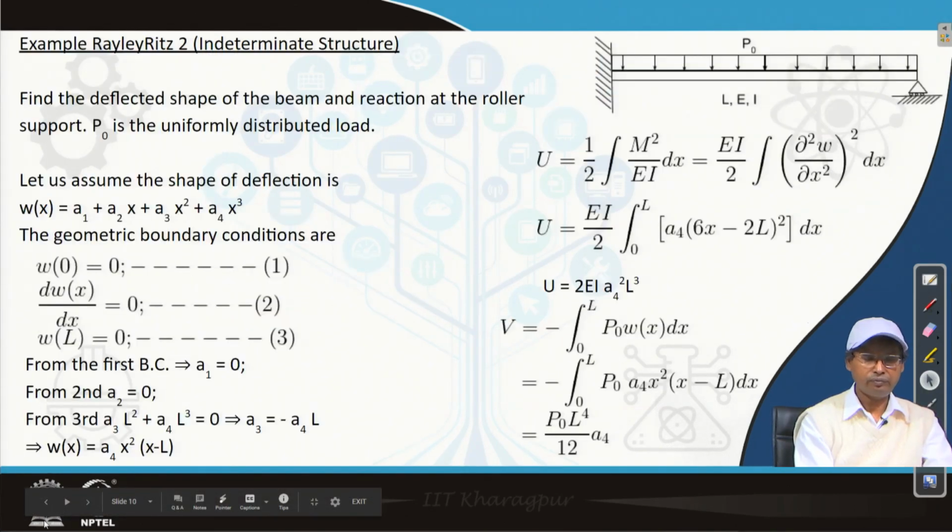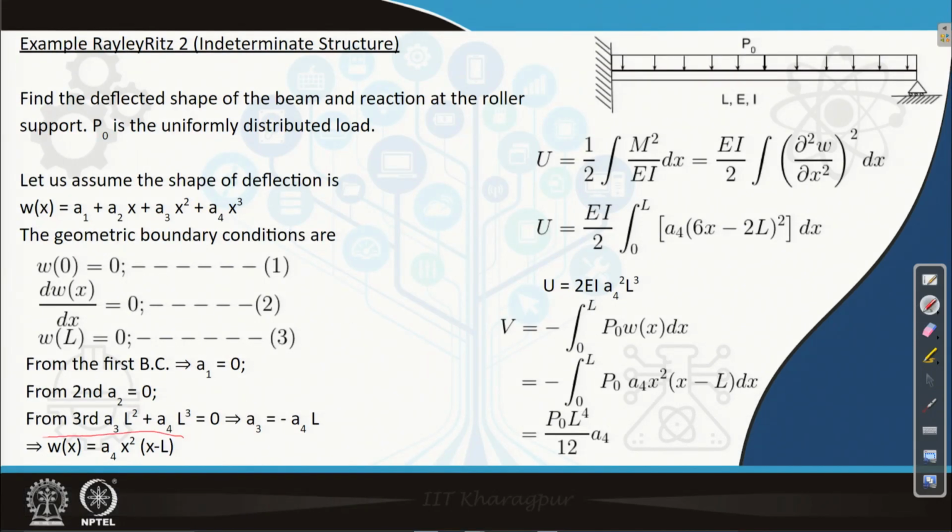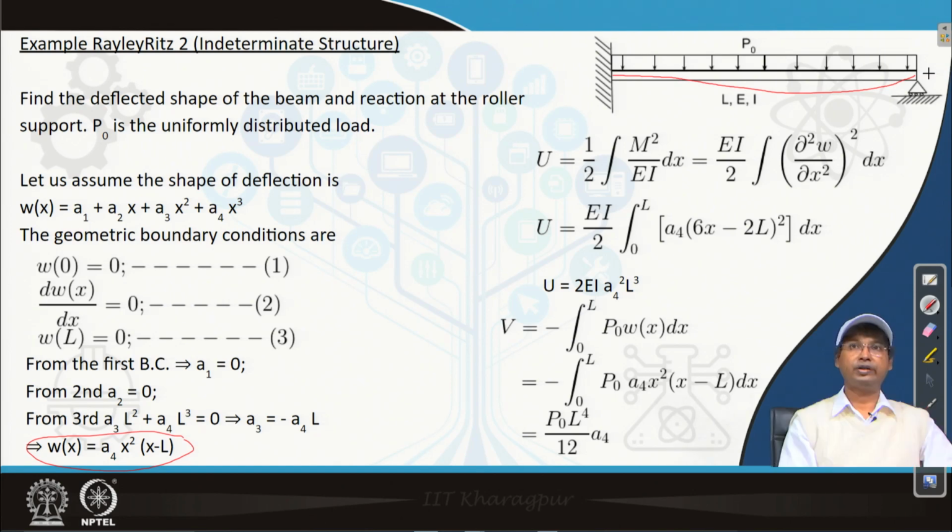If you look back, this function assumption, finally this one with the boundary conditions, no way describes this displacement closely, and that is the reason we are not able to find the exact solution in this way.